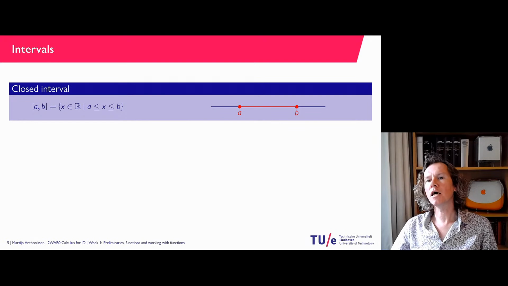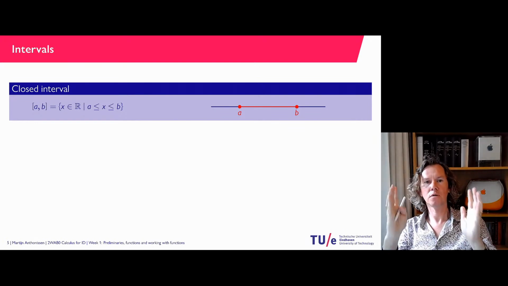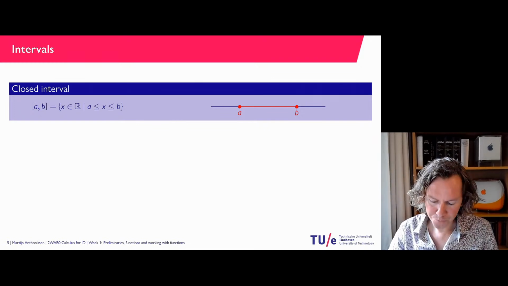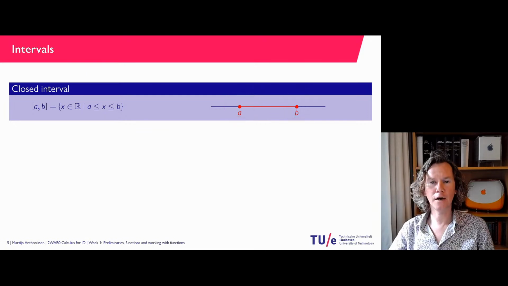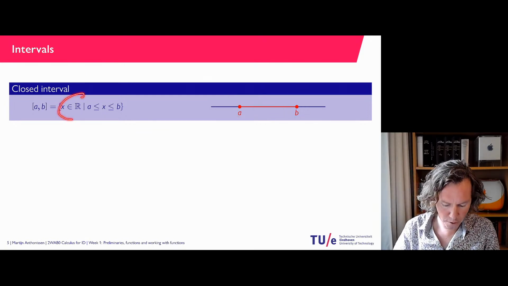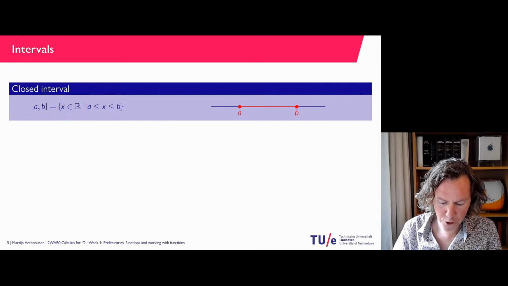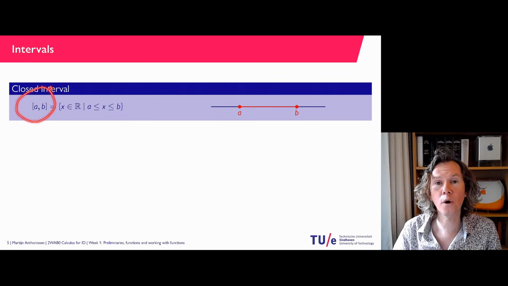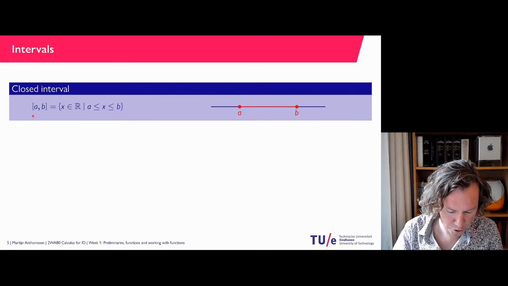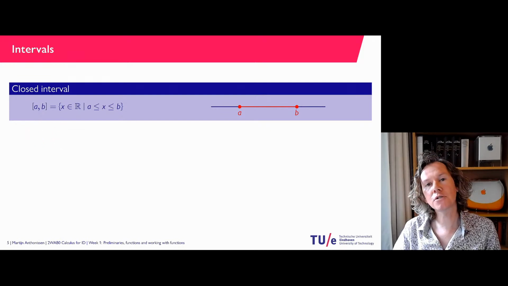Very often in many applications we will be working with intervals. So intervals are just two limits, a and b here, on the real line. So here's a number a, here's a number b, and we take all the numbers that are in between them. So what it means here, the interval AB, and if I write square brackets there, so as you can see, these here are square brackets, it means that the endpoints are included in the interval.